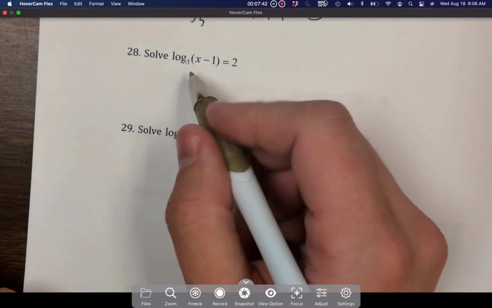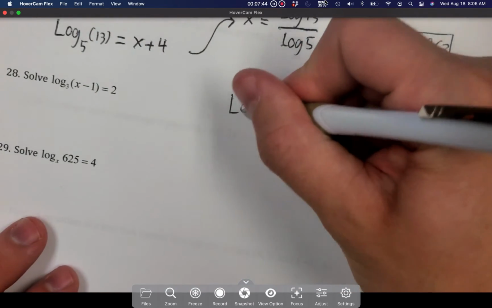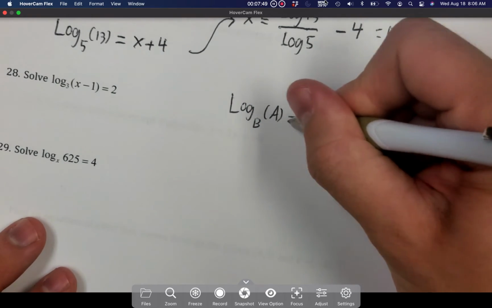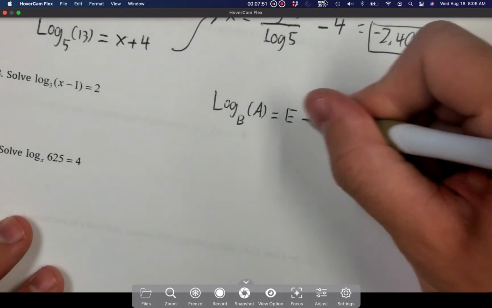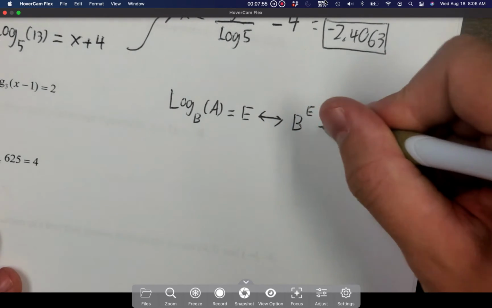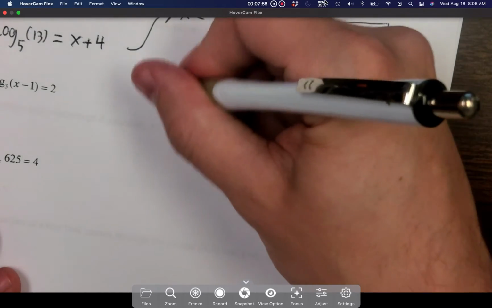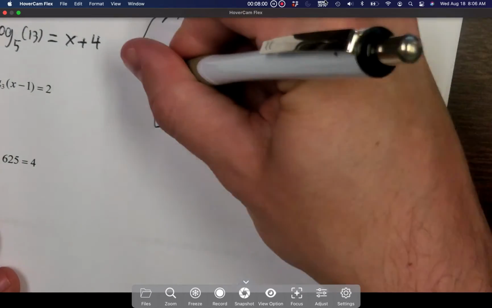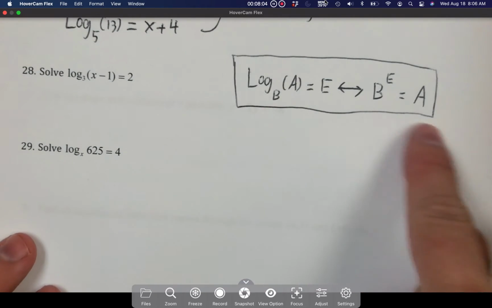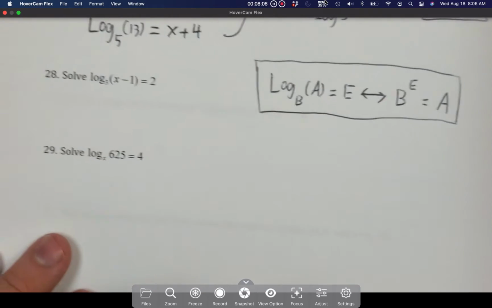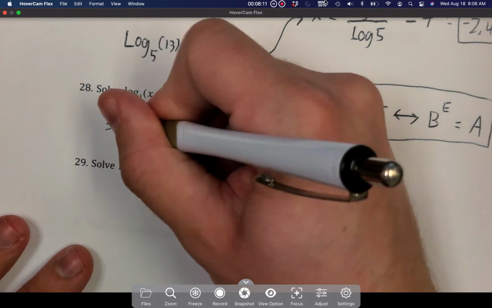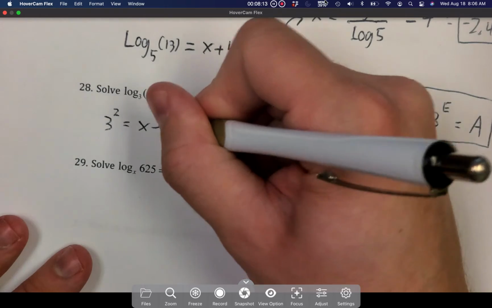So if I've got a base, an answer expression, and an exponent, I'm allowed to rewrite that as a base to the exponent and set that equal to the answer expression. Again, that's the rule that we're using. And why this works, we can get into a little later, but we're just going to take this as truth for right now. So we end up getting the base to the 2nd power is equal to x minus 1.